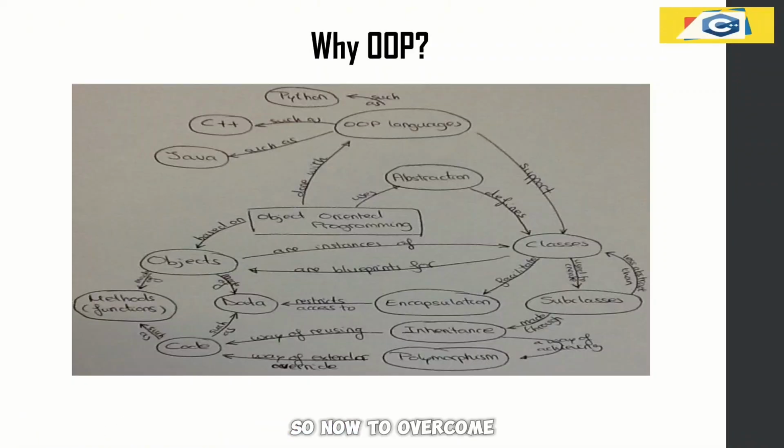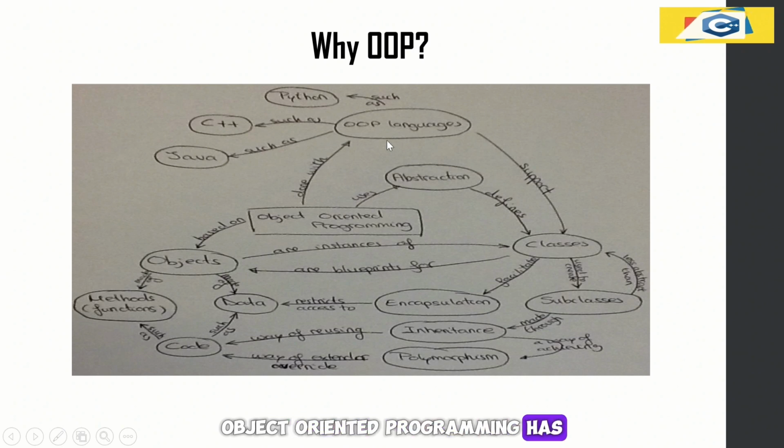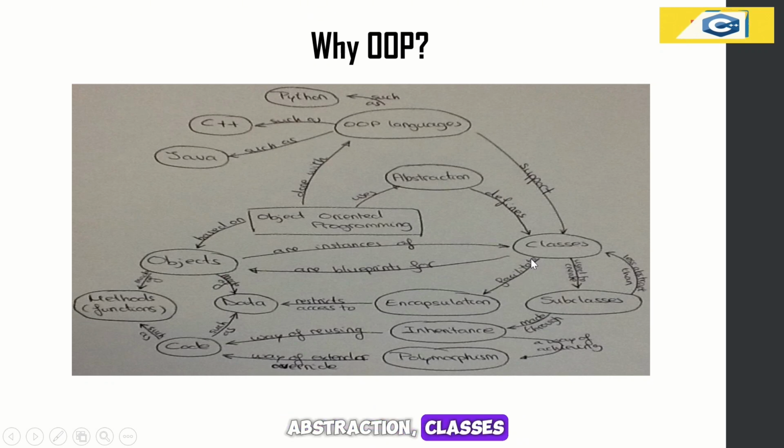Now, to overcome the disadvantages of POP, we came up with OOP, that is object oriented programming. As you can see in this image, object oriented programming has all the features which are mentioned here: abstraction, classes, encapsulation, inheritance, polymorphism, objects, methods, data, and many more.